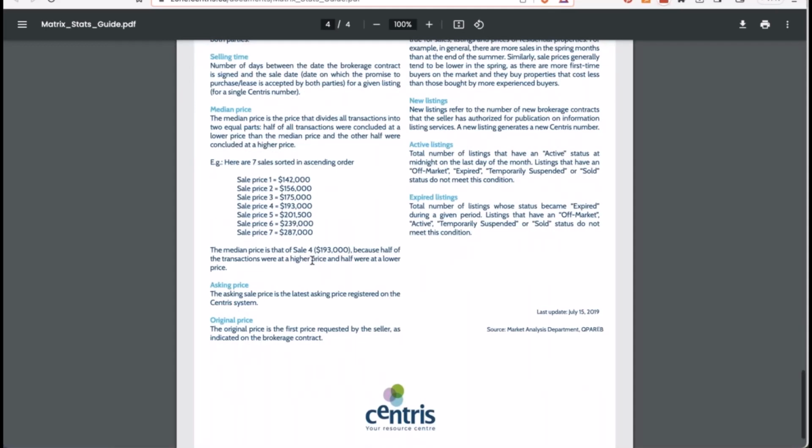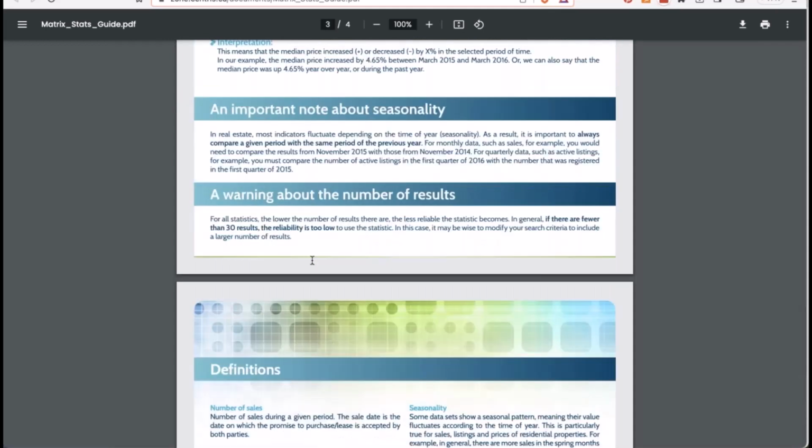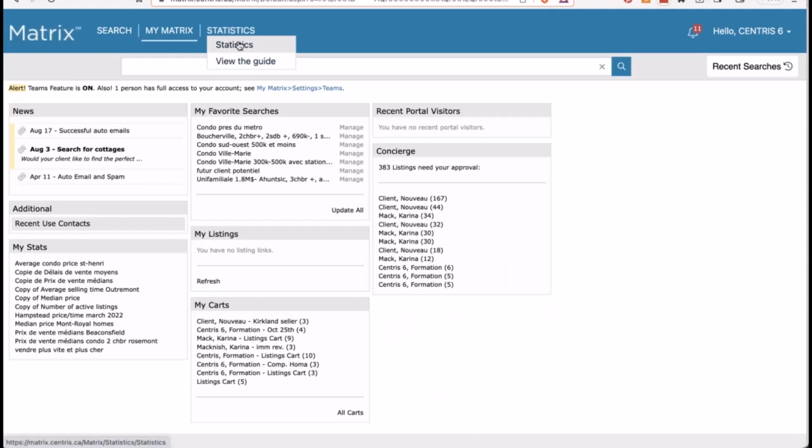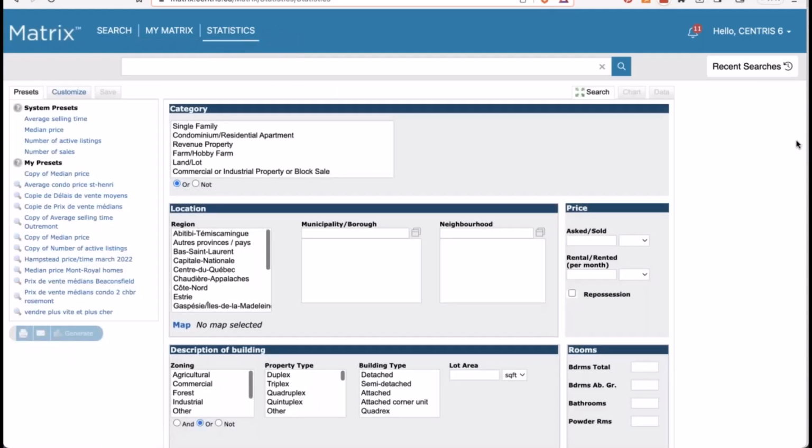It isn't very long, it's only 2 pages, but very important for you to read these before using the statistics tool. I'm going to look here, no questions for now. So I'm going to dive into the statistics tool.